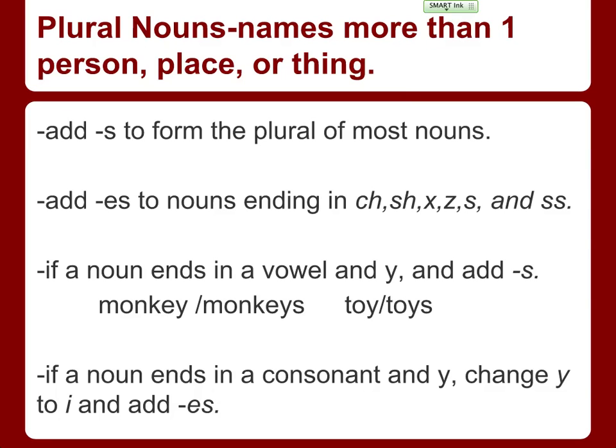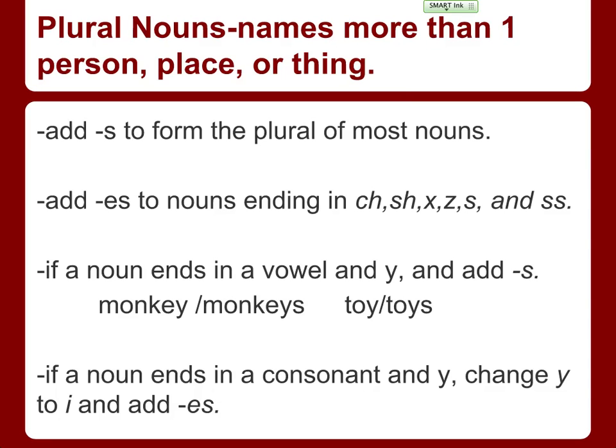Look over at our words for this week. Do any of our words end in those? Do you see something that ends in a CH? No. An SH? No. An X? No. A Z? No. What about an S?